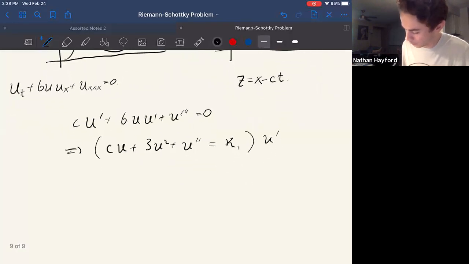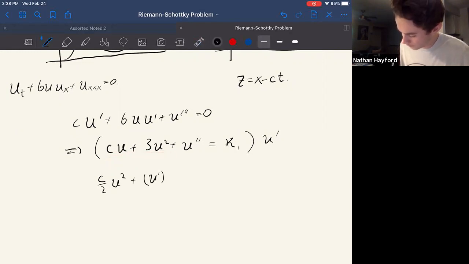So if I multiply by u prime, this becomes c over 2 u squared, this becomes u cubed, this becomes u prime squared with a 1/2, and this becomes just kappa 1 u.